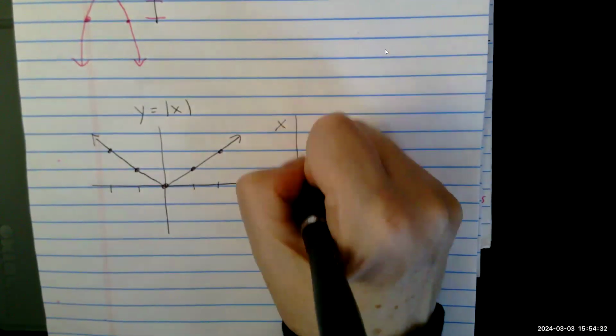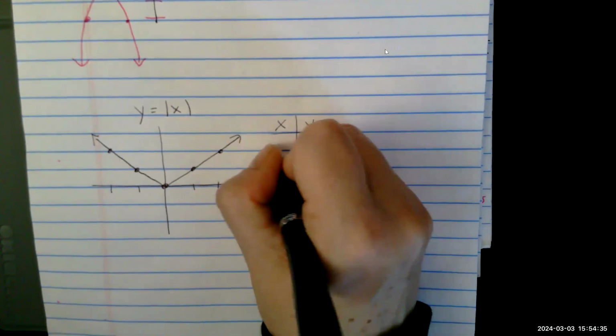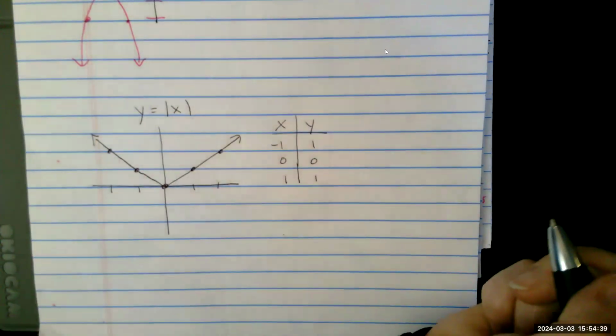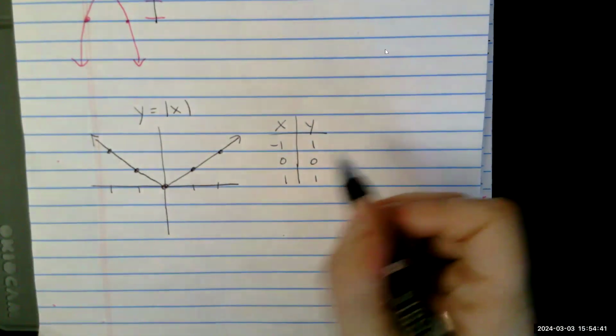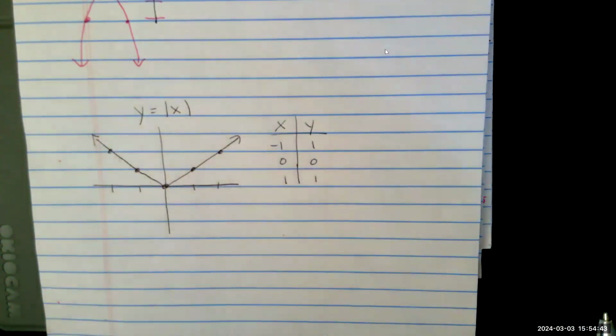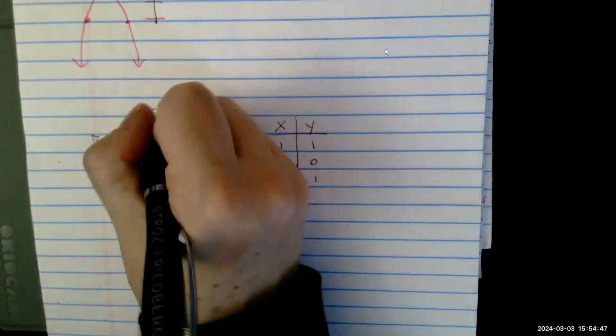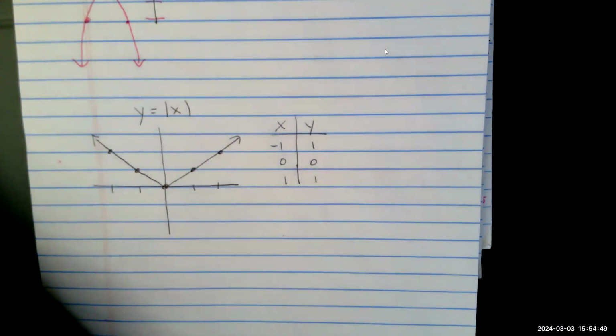So for my chart, -1, 1, 0, 0, 1, 1. It's actually the same as my parabola, but I know that I'm going to be doing straight lines instead of curves. So in the example, it was just a 3, I believe, outside.